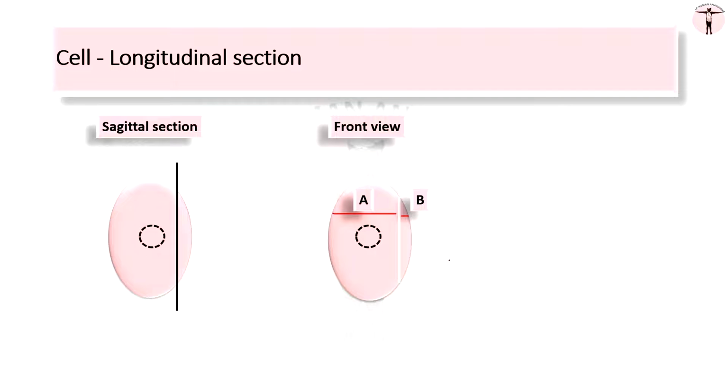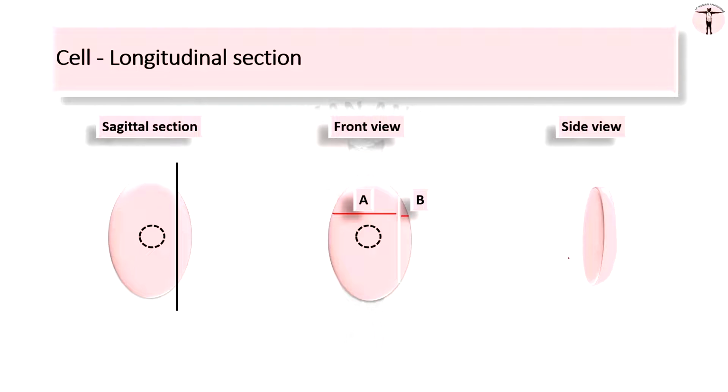When we observe the side view, in part B you can see the section has not gone through the nucleus, so we don't see any nucleus in this section.